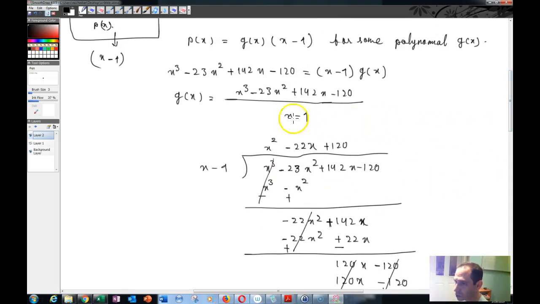So then g of x is equal to this polynomial here, x squared minus 22x plus 120.